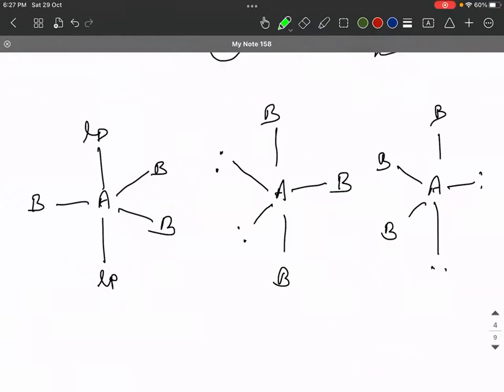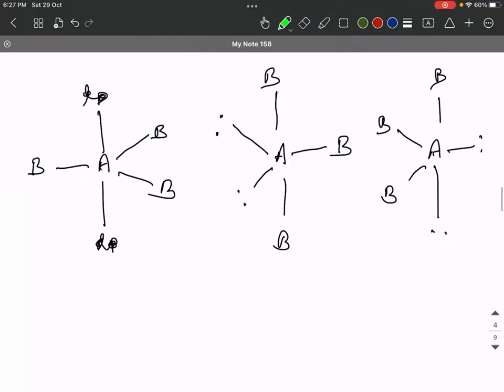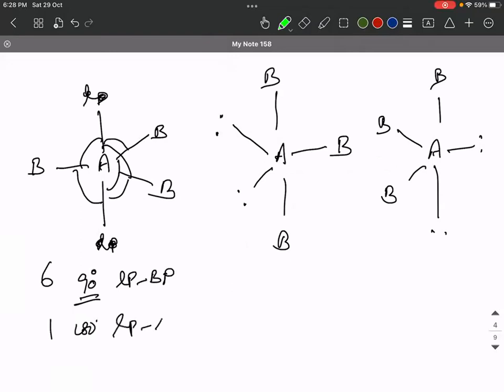Any other structure possibility? Two axial, one equatorial; two equatorial, one axial; and three axial. If you are looking here, the lone pair has 1, 2, 3, 4, 5, 6, that is 6 90-degree lone pair-bond pair repulsions, and a 180-degree lone pair repulsion.